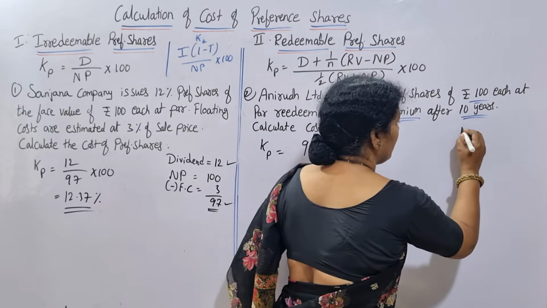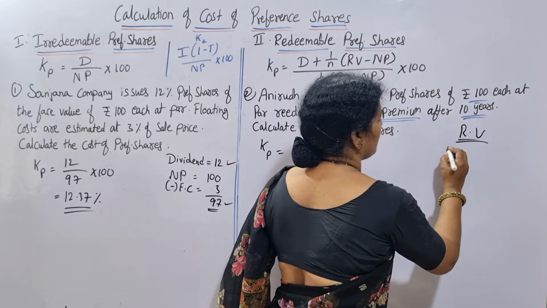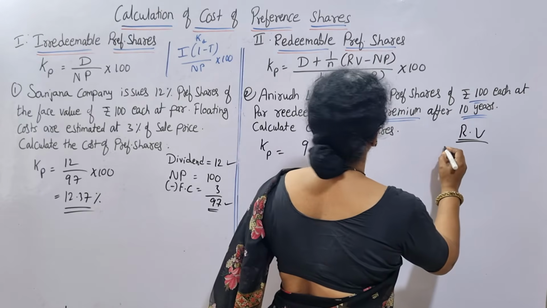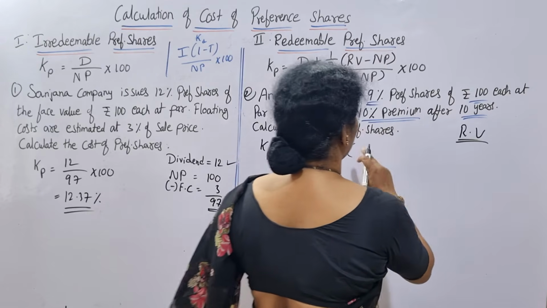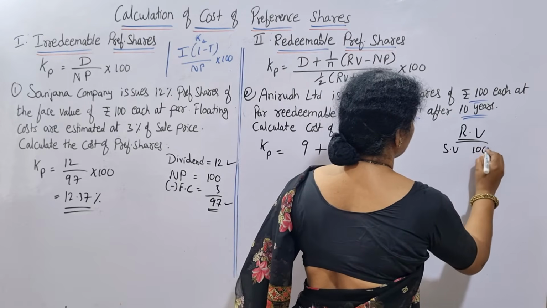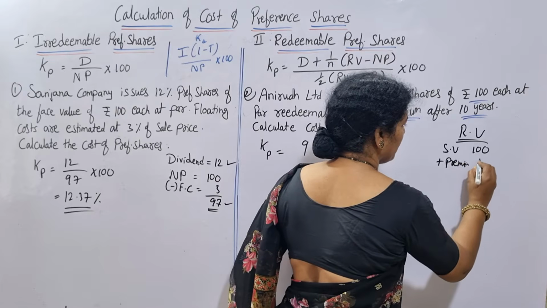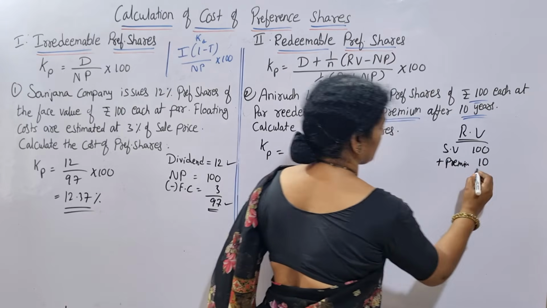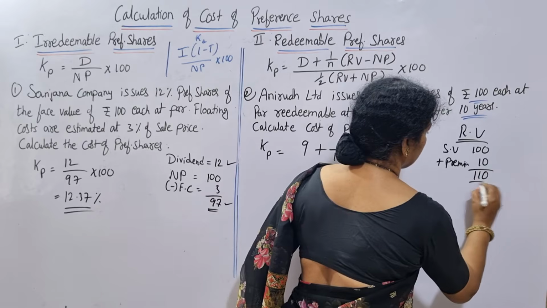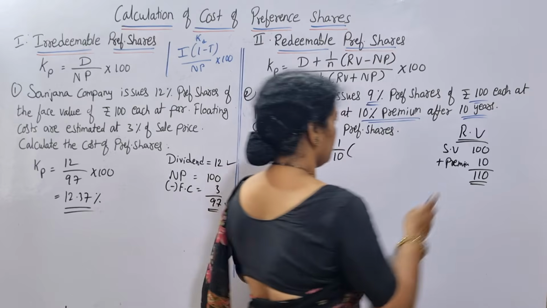We can show it in working notes. Share value is 100 rupees plus premium. How much premium are we paying? 10 rupees, 10%. So redeemable value comes to 110. We can show it in working notes.